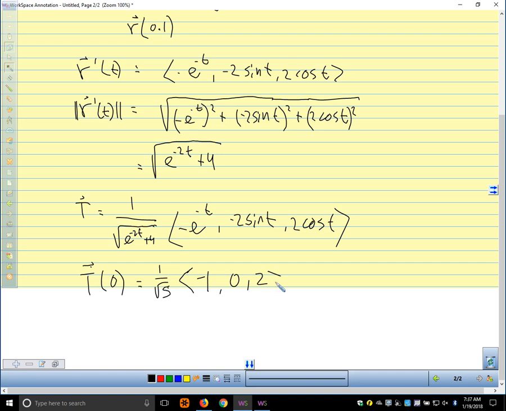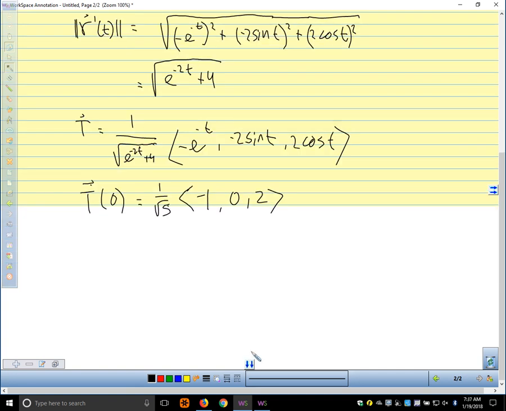Now, for the parametric equations of the tangent line, this tangent vector gives us our direction vector for our parametric equations for our tangent line. So I'm going to say T at 0 is in the direction of the tangent line.